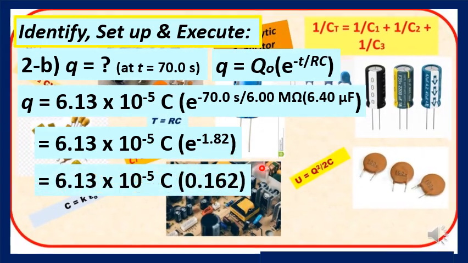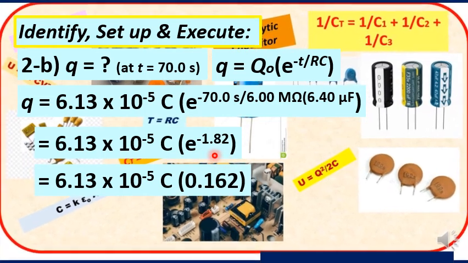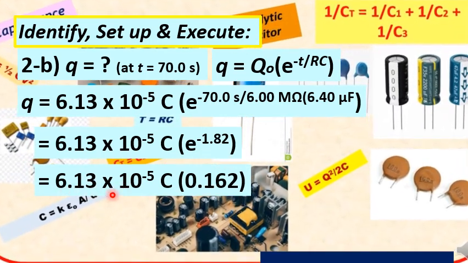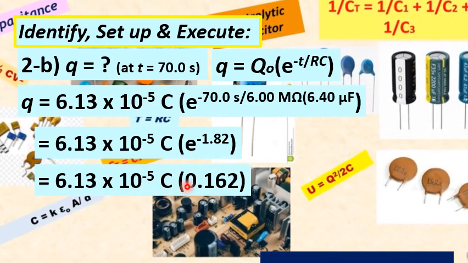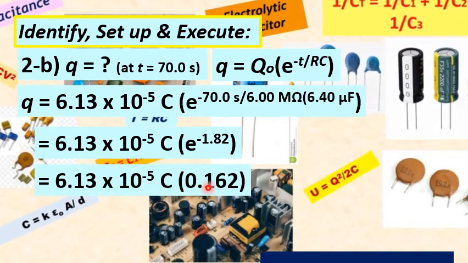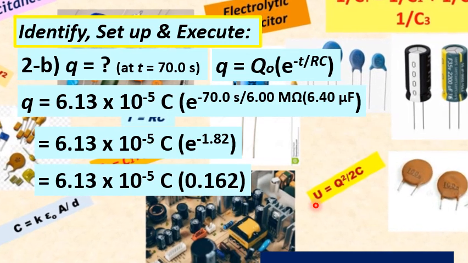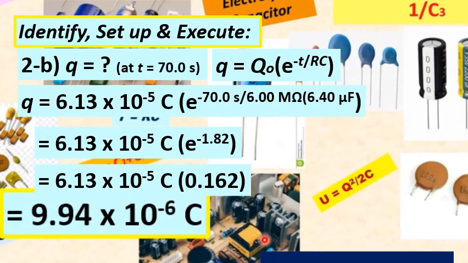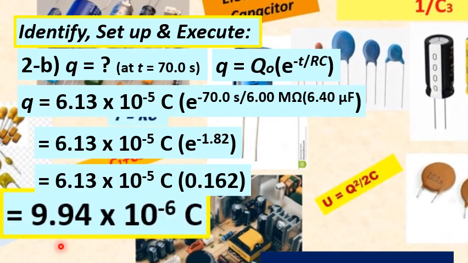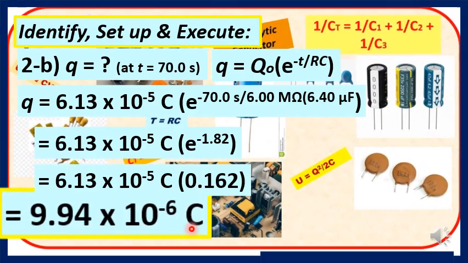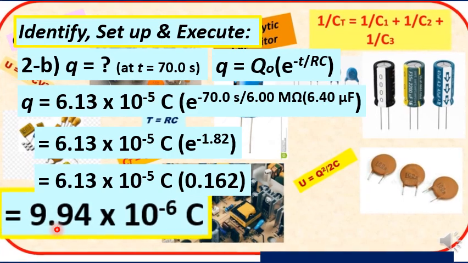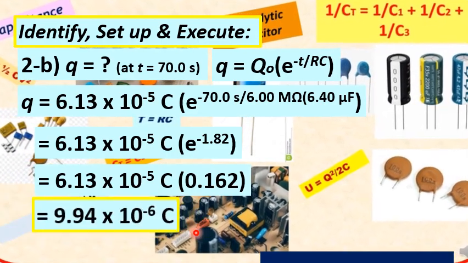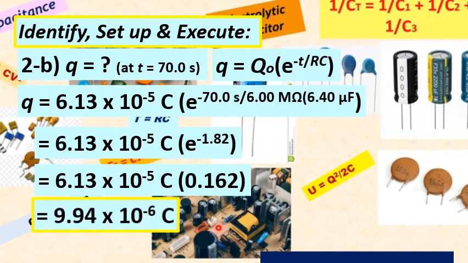Or, simplifying further, that is equal to 6.13 times 10 to the negative 5 coulomb times 0.162. So that finally, the computed value for the small q in question letter B is 9.94 times 10 to the negative 6 coulomb.